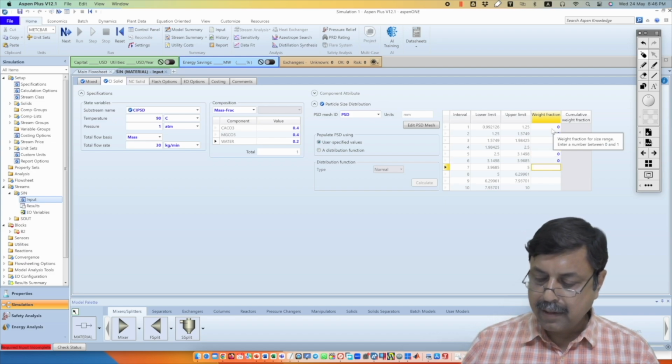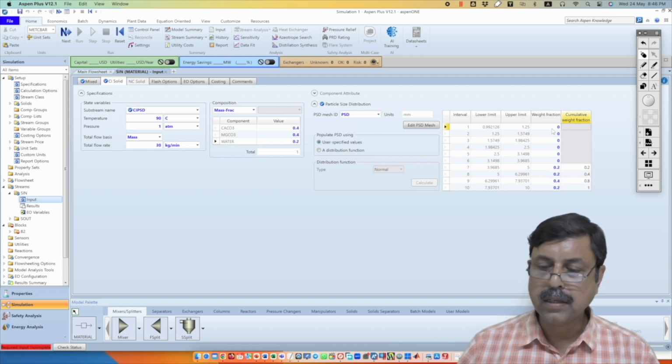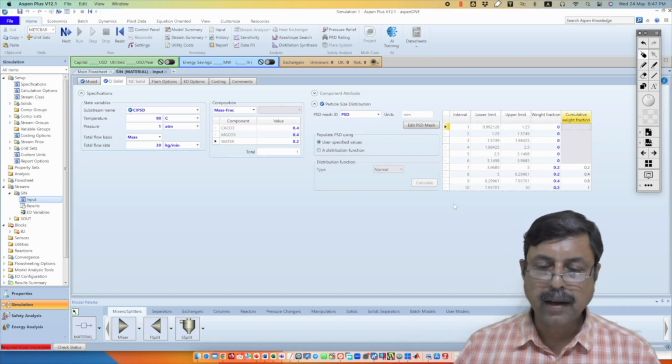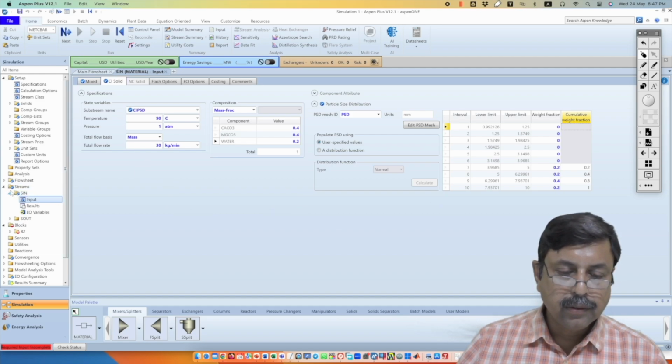And the 7th onwards is 20, 20, 40 and 20. So that is how the particles are distributed. So S in is defined.